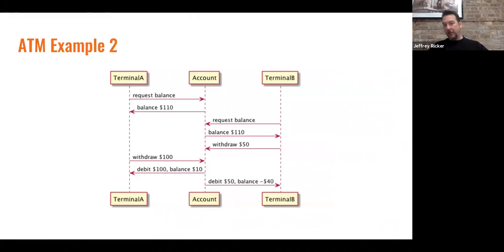Now, my transaction goes through, I withdraw 100, she withdraws the 50, and now we're overdrawn by $40. Right? It's a very trivial example.